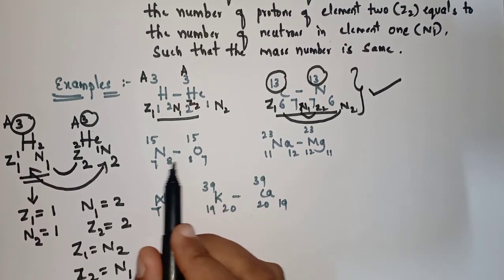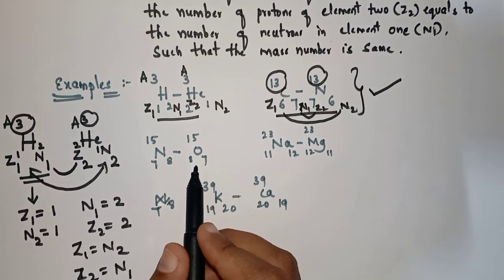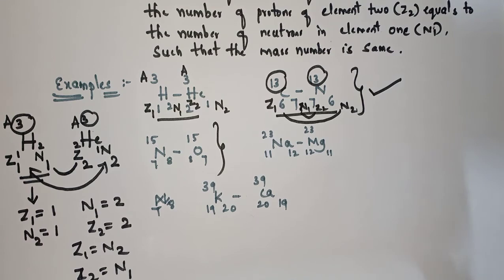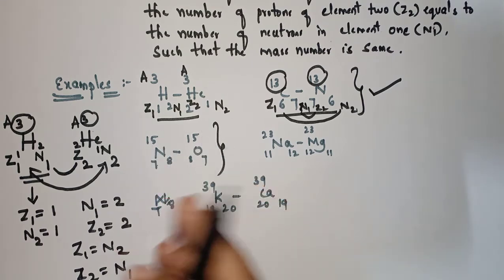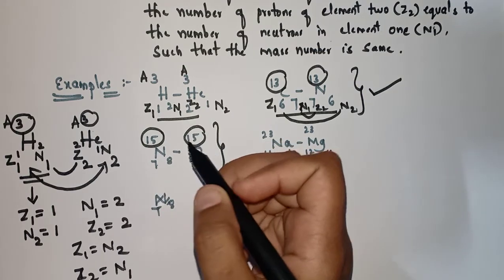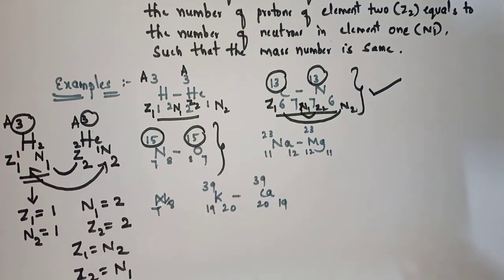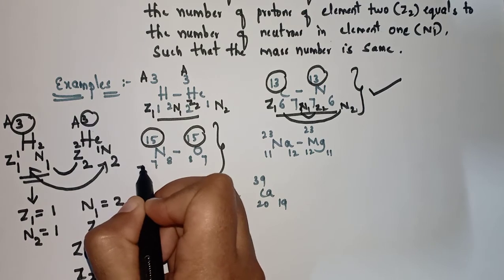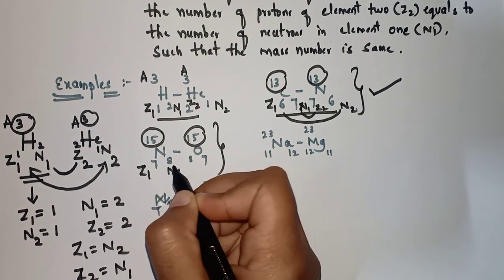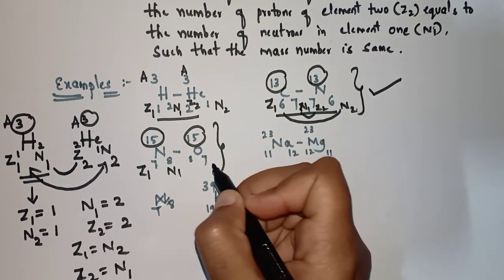Now coming to another example, nitrogen and oxygen. These are neighboring chemical elements. The mass number is the same for these two elements. Here it is Z1 and N1. 15 minus 7 is 8, and 15 minus 8 is 7.